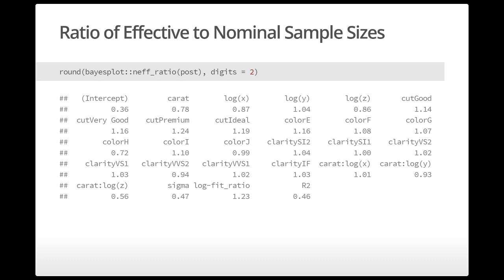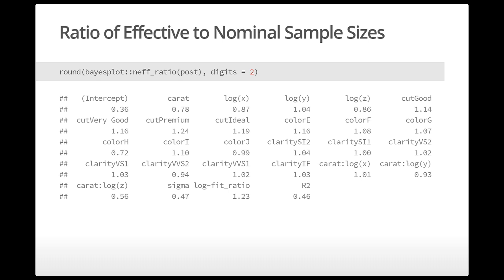There's some variability here, but for the cut dummy variables, we're getting effective sample sizes about 25% more than the nominal number of draws, which is 4,000, due to the super efficiency of Stan.